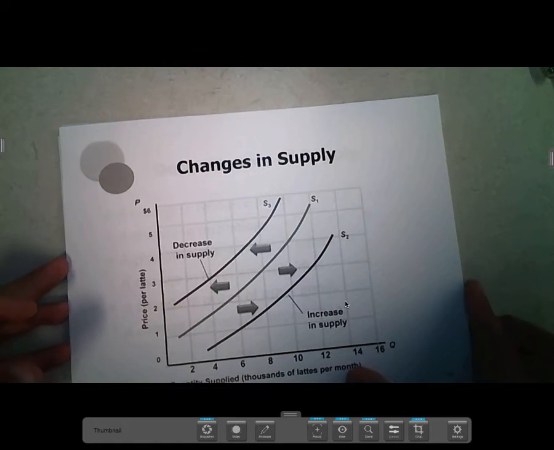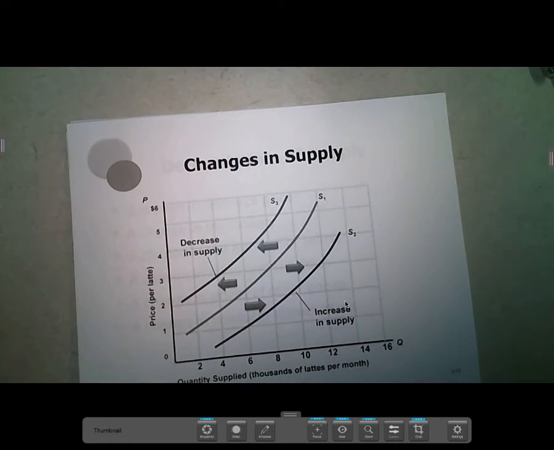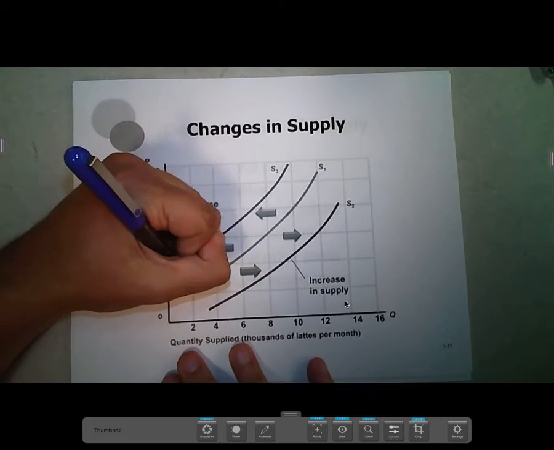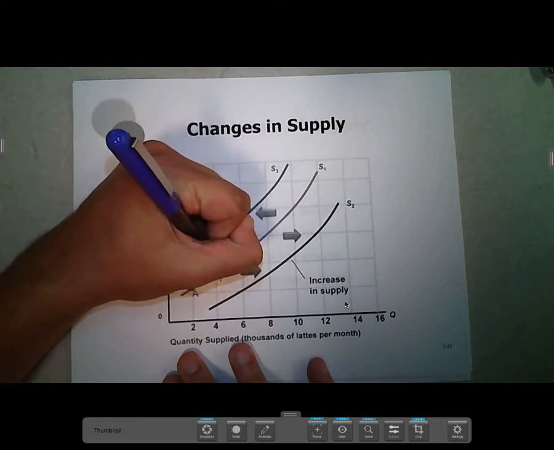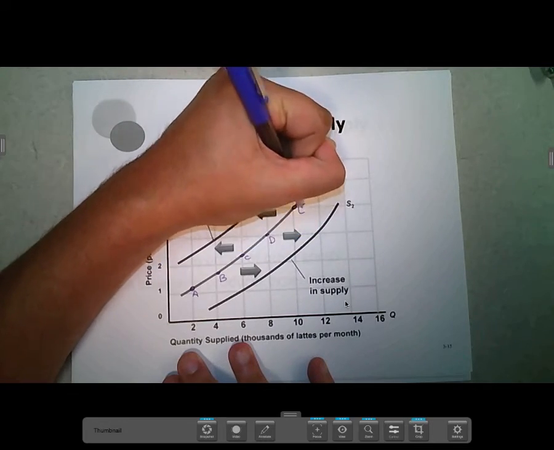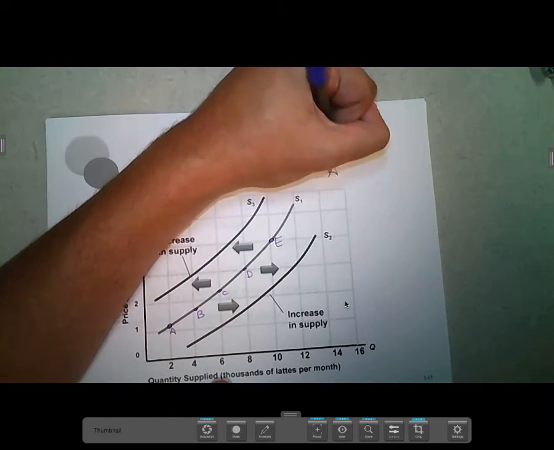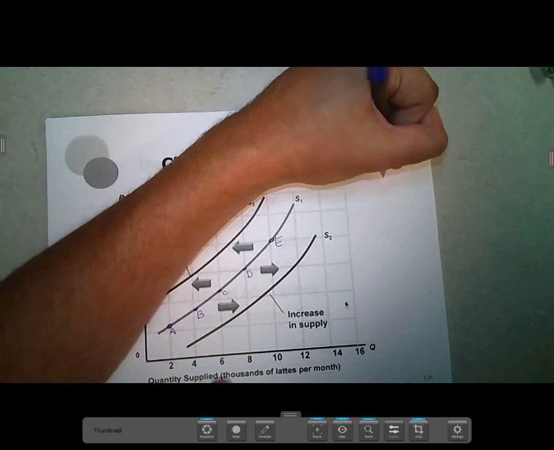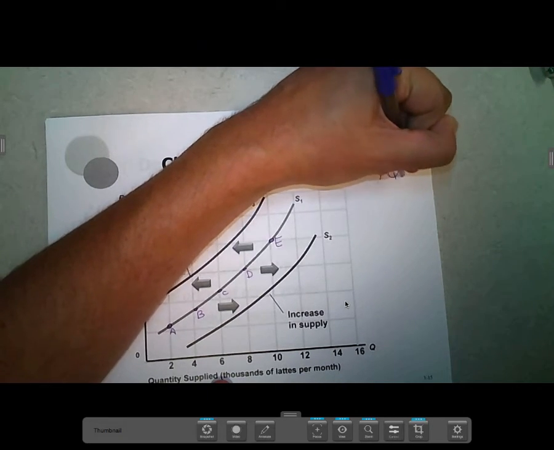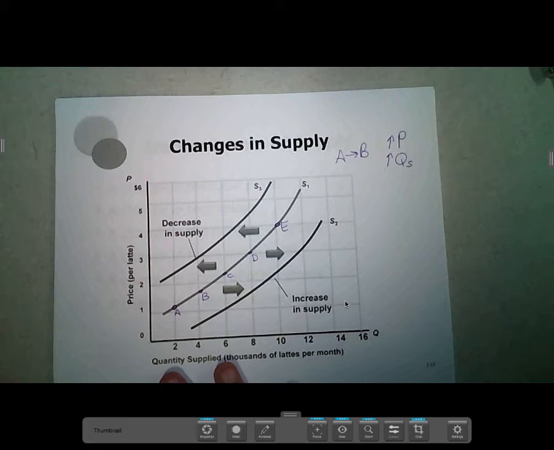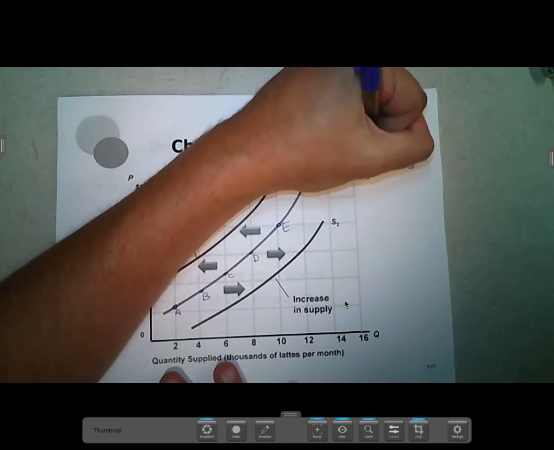There's again a difference between the movement along the curve and the shift of the curve. If I were to add some points on here, A, B, C, D, and E, I can get a movement from A to B, for instance, by raising the price, which will increase the quantity supplied. That's our law of supply.